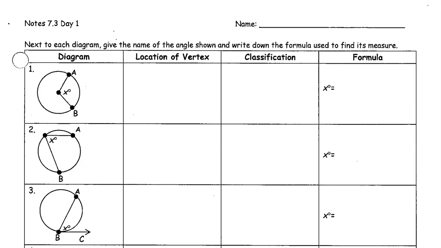So number one, looking at our angle x. Well, x is at the center of the circle. So our vertex is at the center. Classification, well, we call these central angles.